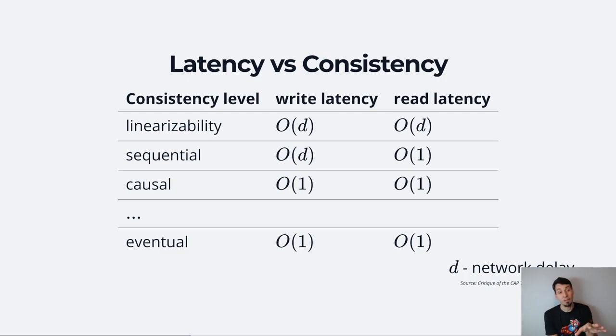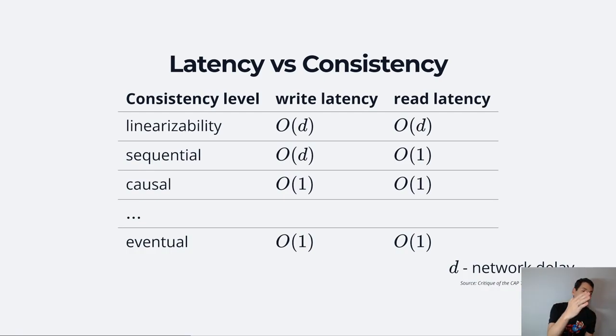However, rather than being a function of the size of an input, here we use a lower bound that is a function of a network delay d. In this table, the first row, linearizability, is the safest, the strongest consistency level that we can provide. You can see that it's proportional, lower bounded by the network delay in both writes and reads.